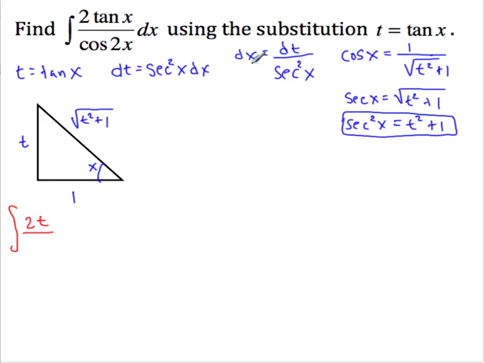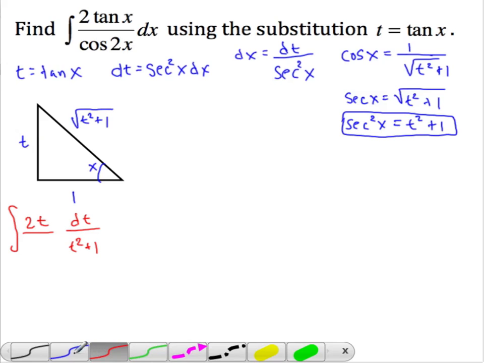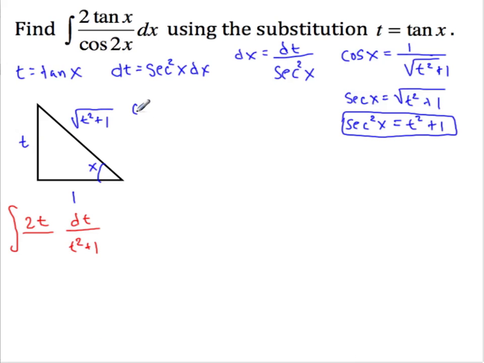Here, dx is dt divided by secant squared, so that's dt divided by t squared plus 1. Cosine 2x, we haven't done that one yet. Well, cosine 2x is a double angle. We've got 3 options for that. I'm going to do cosine squared x minus sine squared x.